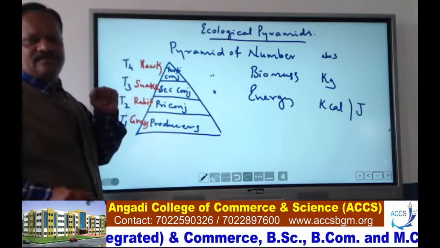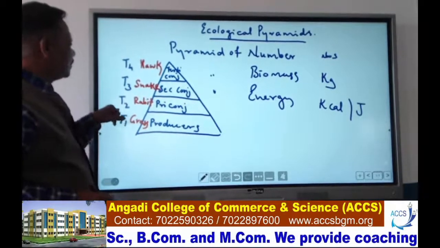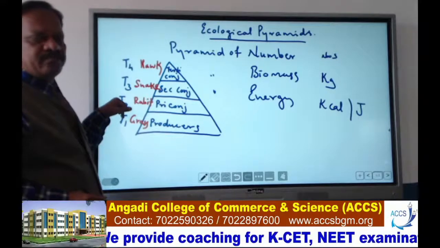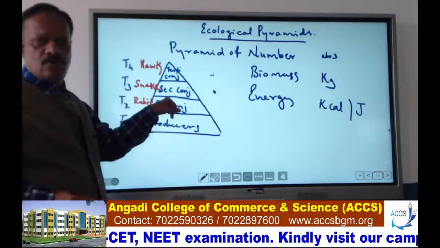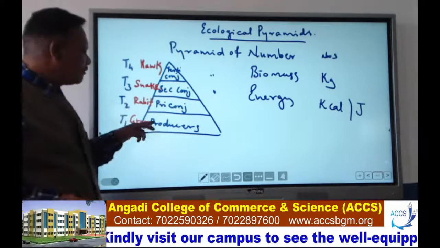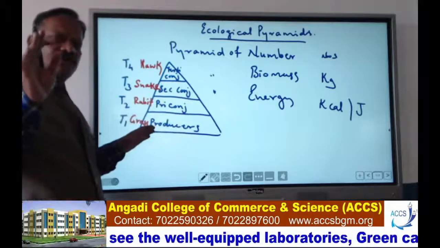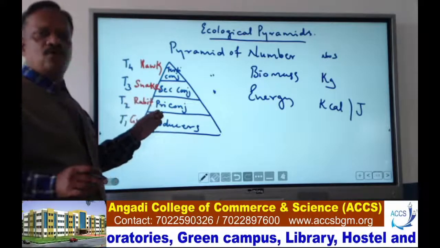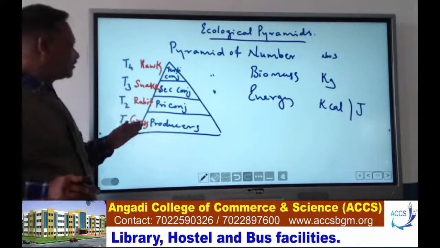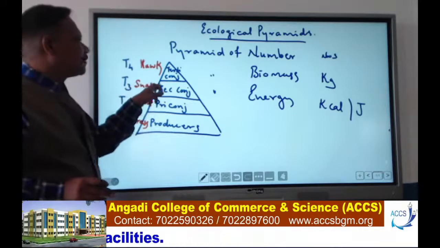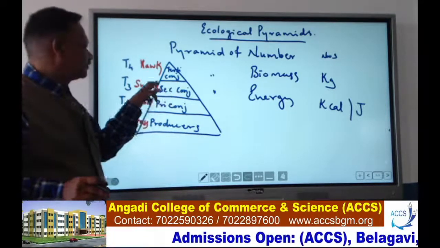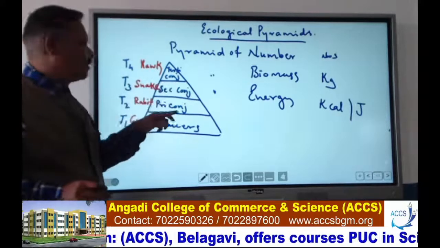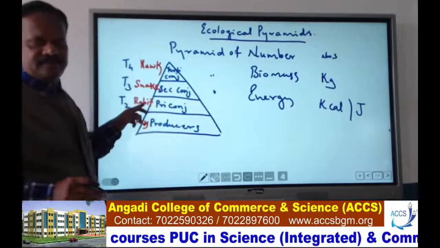That is hawk. So here, T2 becomes the herbivores. Why herbivores? Because producers are always autotrophs, and herbivores eat plants. Then the snake becomes the lower carnivore, as it is eating rabbit.